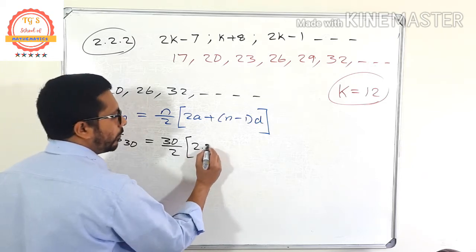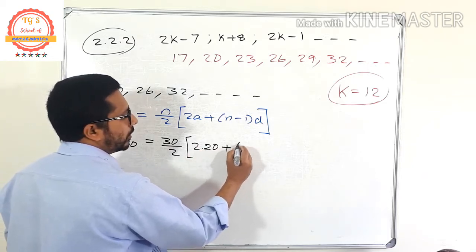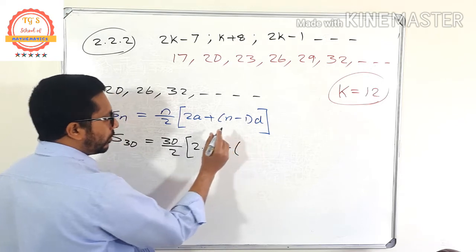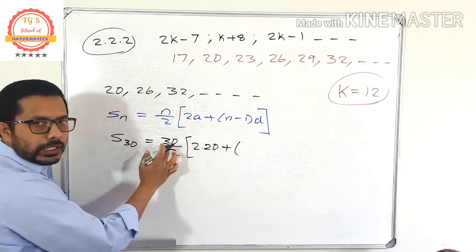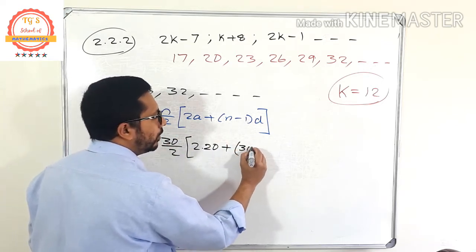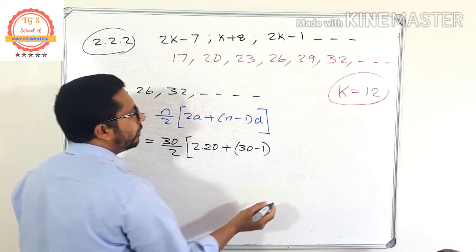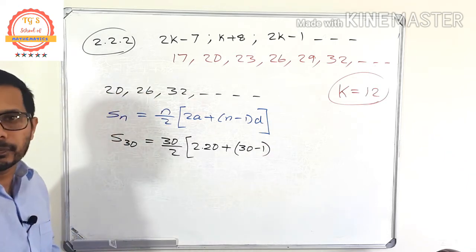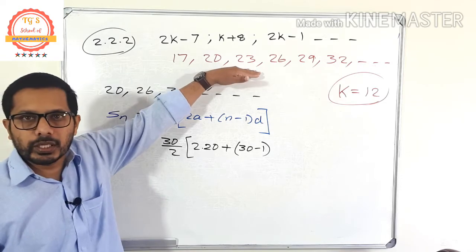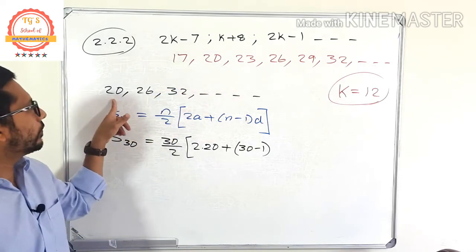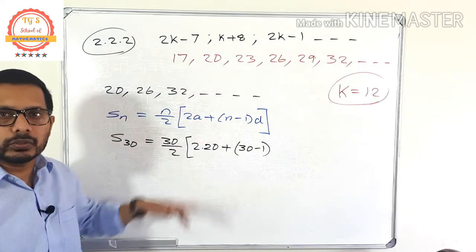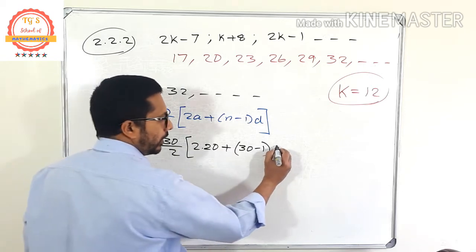So it is 2 times 20 plus 30 minus 1, the value of n is 30, so 30 minus 1 into d. What is the common difference here? You are not supposed to check the old sequence. Now the new sequence is this one, 20, 26, 32. So there the common difference is 6.